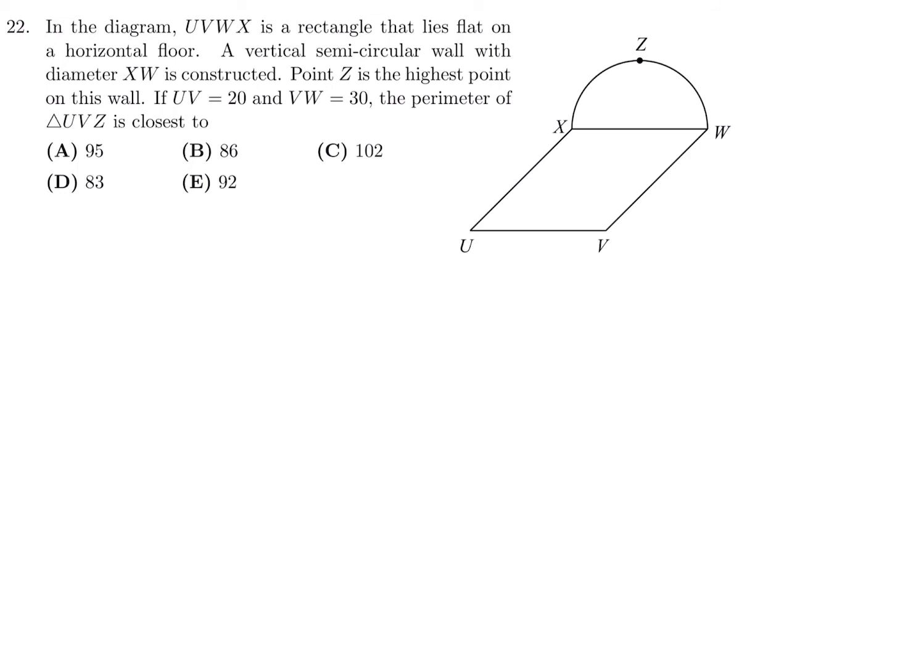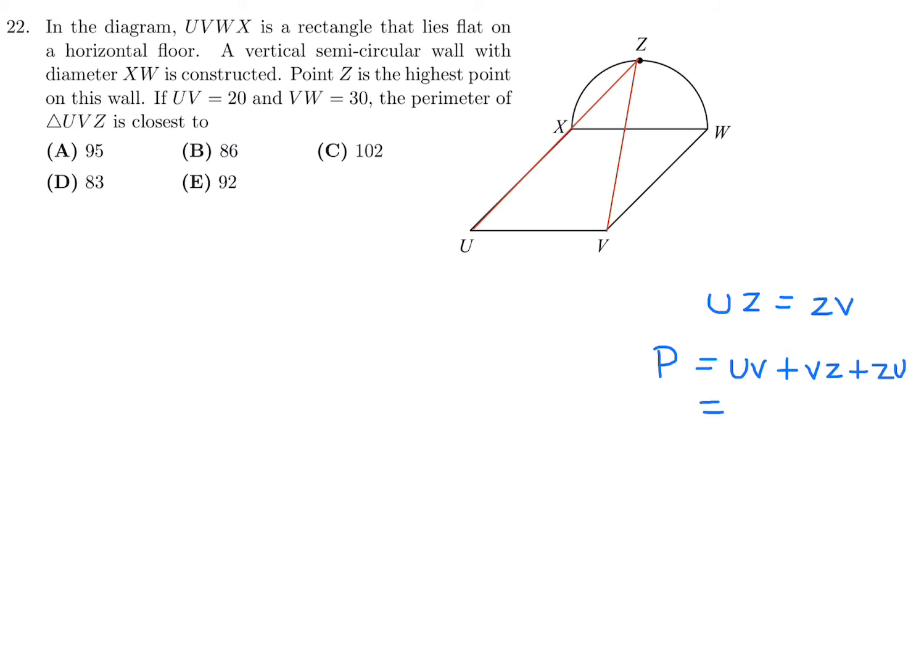Well, first let's draw that triangle UVZ, actually. So this triangle, as you can hopefully see, is three-dimensional. And because of the symmetry of this diagram, the distance from U to Z will be the same as the distance from Z to V. So when I figure out the perimeter, it'll be UV plus VZ plus ZU.